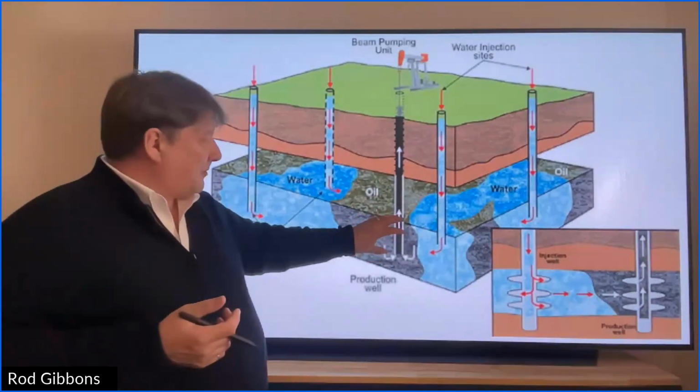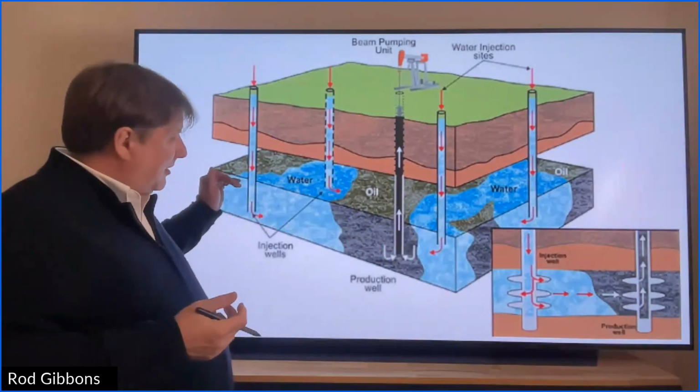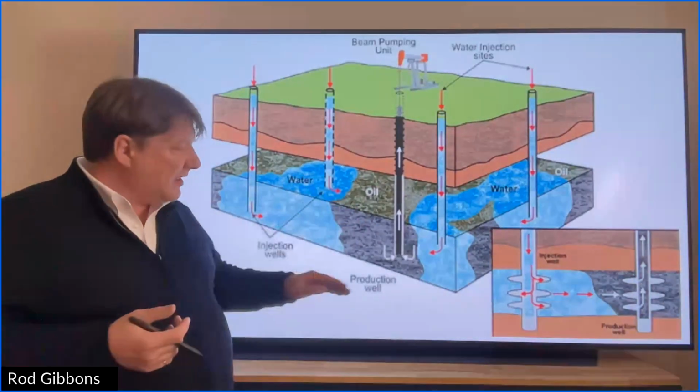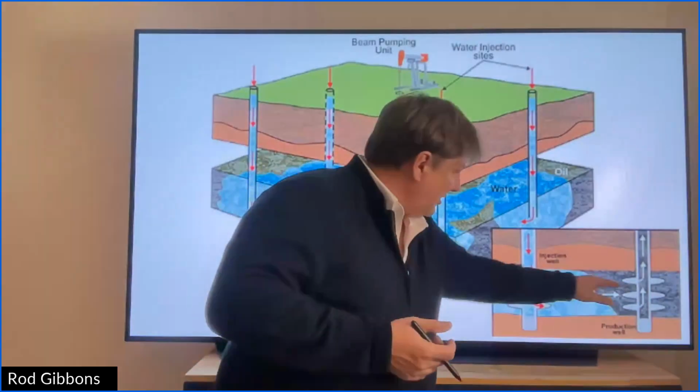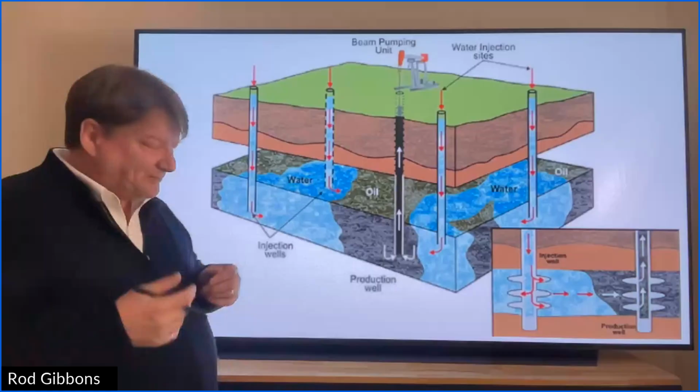Well, when the pressure gets low here, if the pressure's high here, all that fluid wants to go to that well, which you can see in this cross section. It wants to go towards the low pressure.